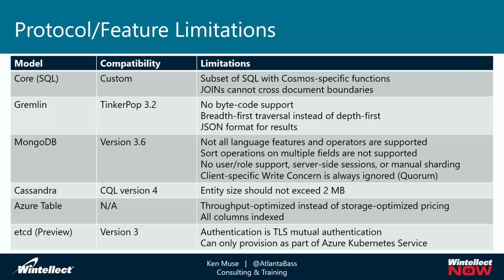If you're coming from Gremlin, then be aware that it's doing a breadth-first traversal instead of depth-first. It asks all of the partitions to analyze the request as opposed to going partition by partition. MongoDB, certain language features are not fully supported, and these are fully documented in the Azure docs.